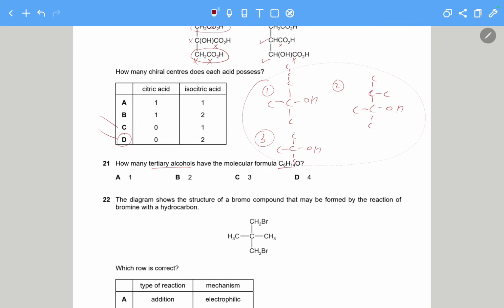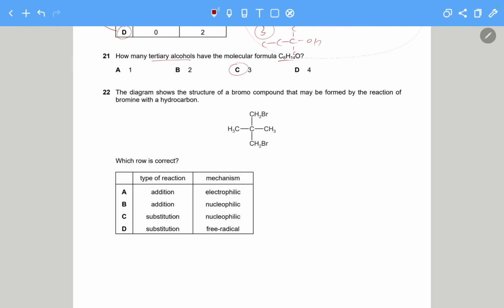And then we can add one carbon here and one carbon here, and that's 6 carbons again, another isomer, and that's the only isomer. We are not worried about any chiral centers because, as you can see, none of these will have any chiral centers. So that is 3 isomers, and therefore C.